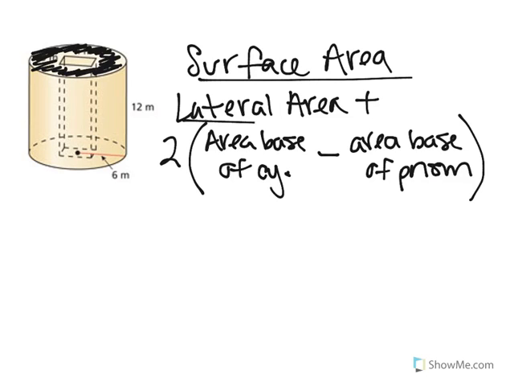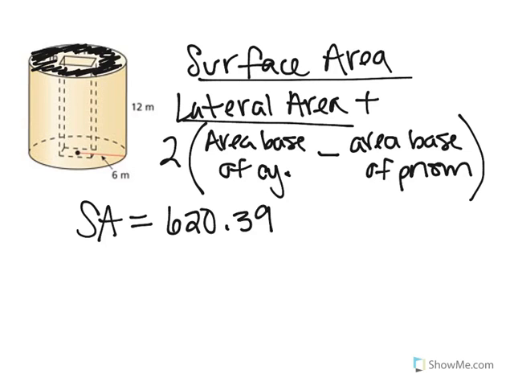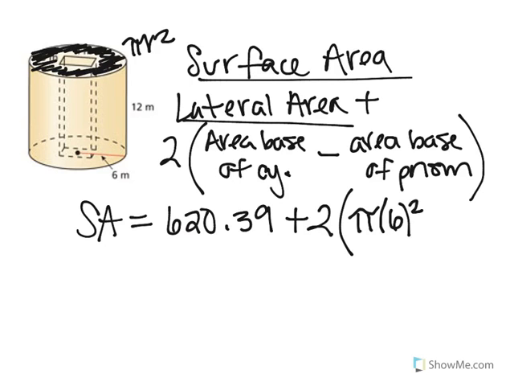So previously we already found the lateral area. So surface area is equal to, and we found that to be 620.39 plus 2 times the area base of the cylinder, which is a circle, so pi r squared, so pi times 6 squared, and we're going to subtract out that rectangle, which we know is 3 times 4.